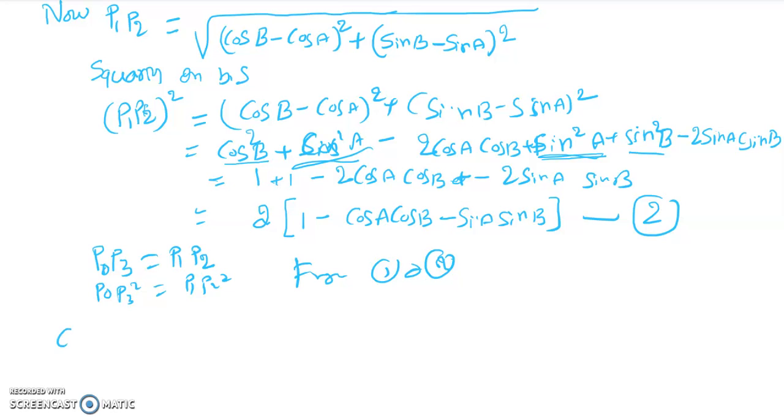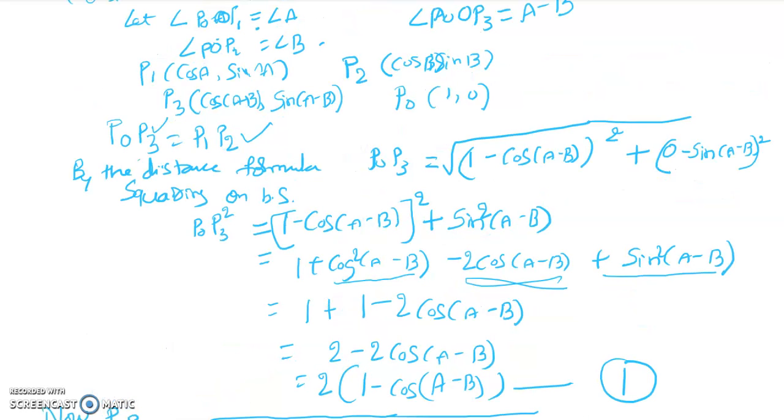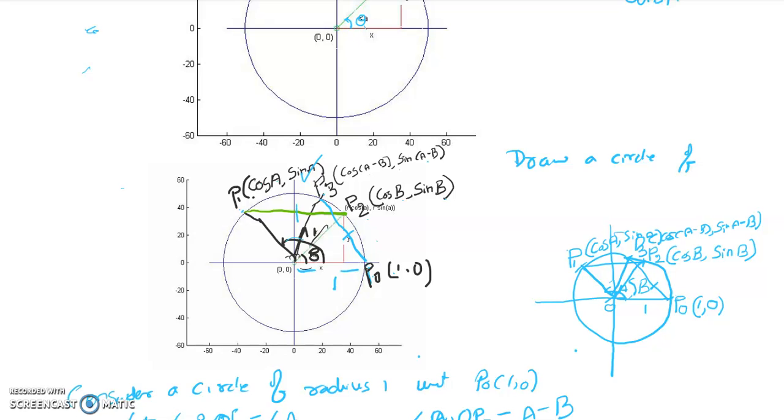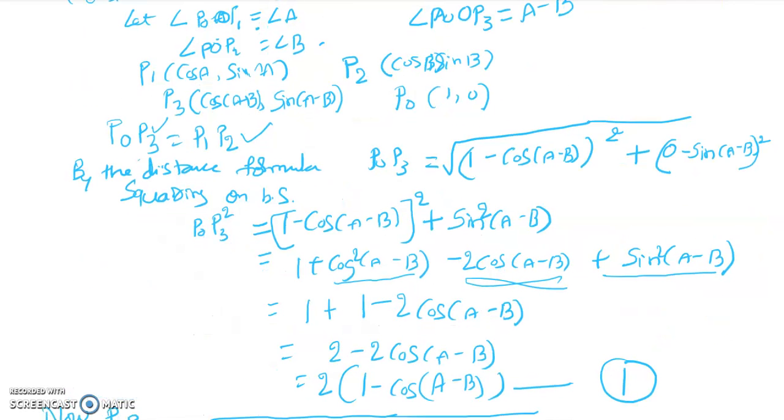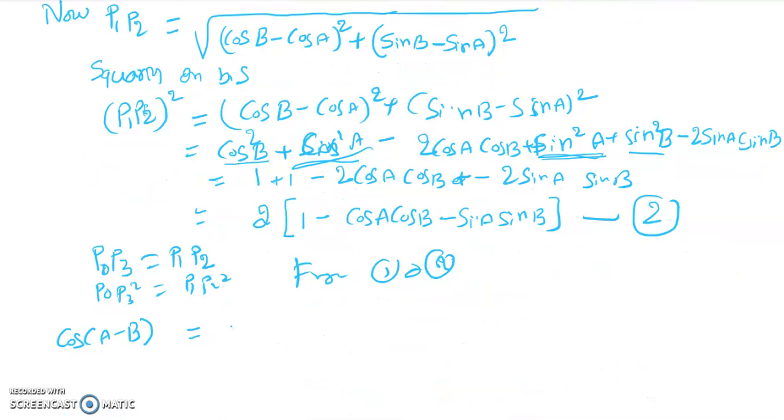P0P3 square I got as 2 into (1 minus cos of (A minus B)), which is equal to 2 into (1 minus cos A cos B minus sin A sin B).